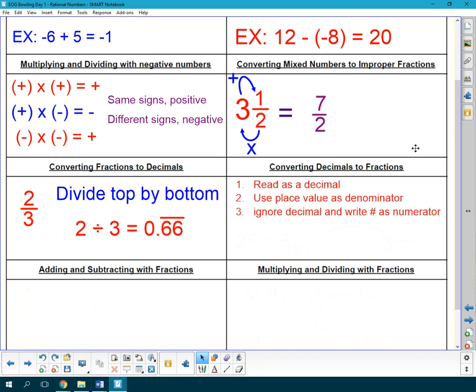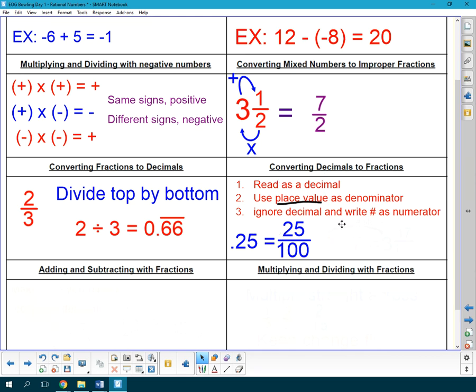We're going to do 3 things. We're going to read it as a decimal. We're going to use the place value that we say as the denominator. We're going to ignore the decimal and write the number as the numerator. So if I have 0.25, that's the same thing as 25 hundredths if you read the place value. I know that place value is going to be the denominator, 100ths, and I'm going to use what I have as the decimal as the numerator.